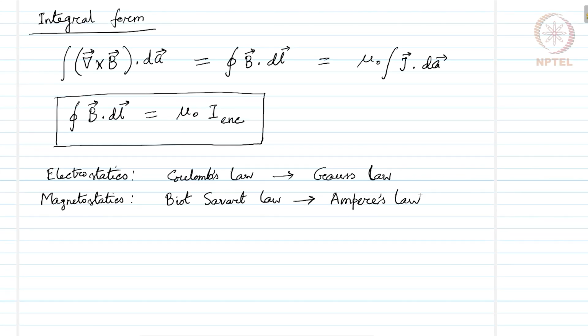Ampere's law also, as we can see here, is always valid, but applicable to find out the magnetic field in only certain symmetric contexts. And we will see a few examples of application of Ampere's law to give us the magnetic field. If we can apply Ampere's law, that actually makes things very easy to find out the magnetic field.